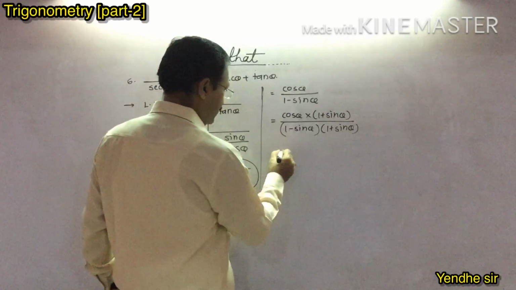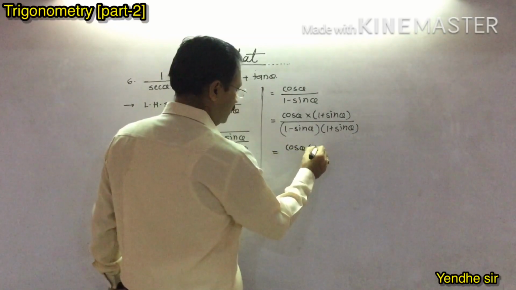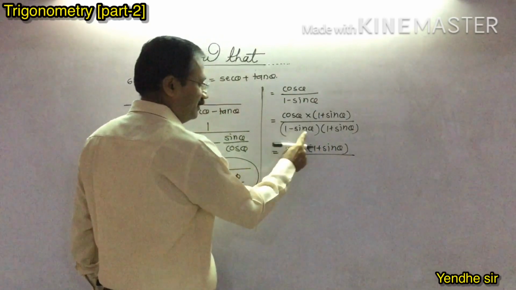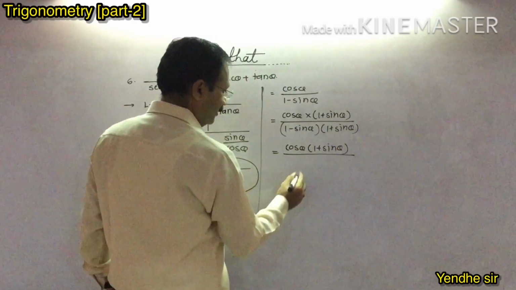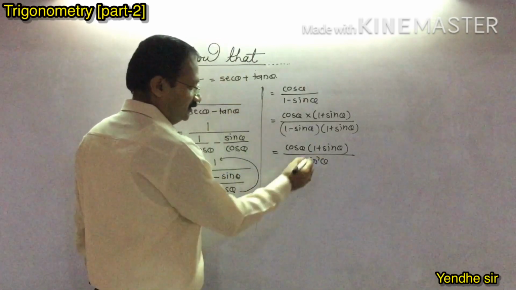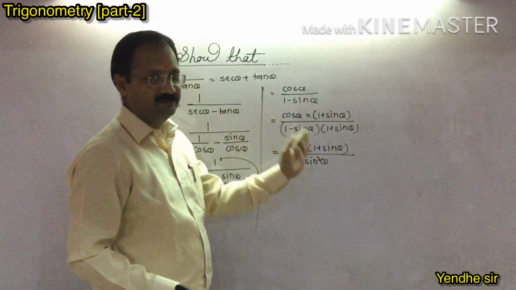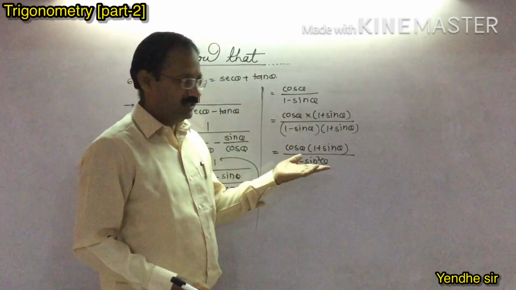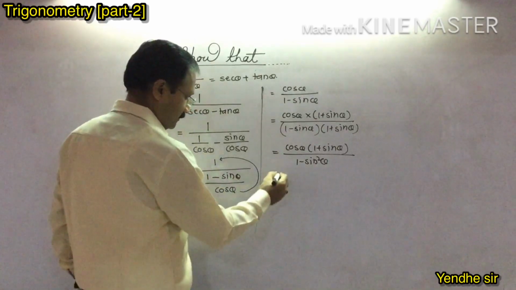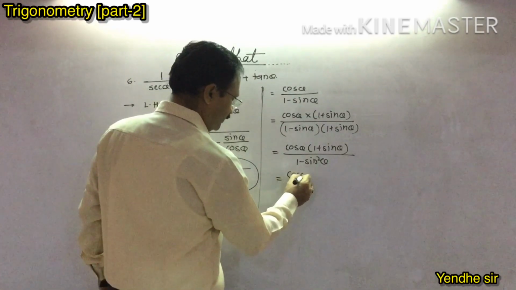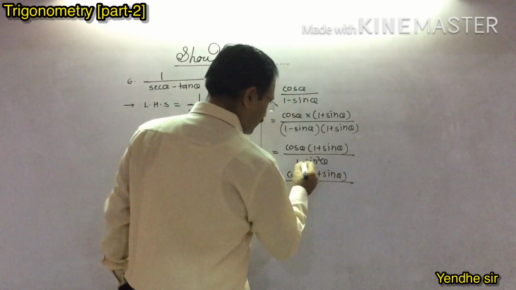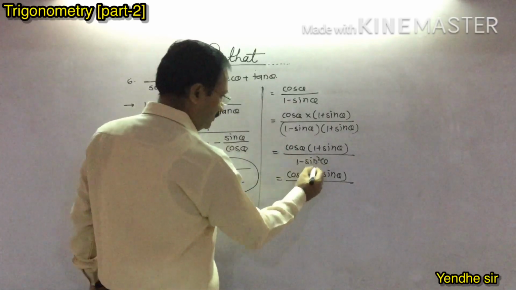So here we will get cos theta into 1 plus sin theta will be as it is, and this is 1 minus sin theta into 1 plus sin theta, which means 1 minus sin square theta. We know that a square minus b square equals a plus b, a minus b. This is the factor of 1 minus sin square theta. So cos theta in bracket 1 plus sin theta. Instead of 1 minus sin square theta, what is the formula for this one?